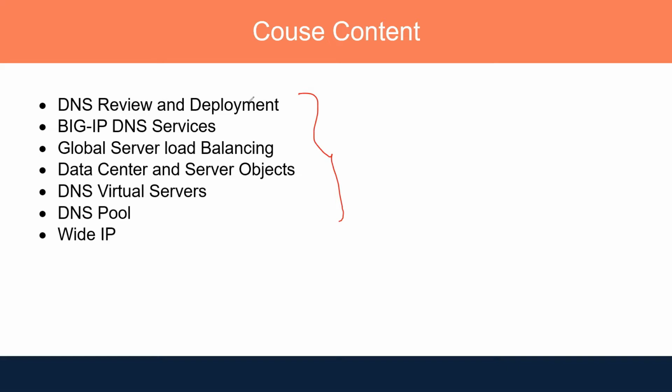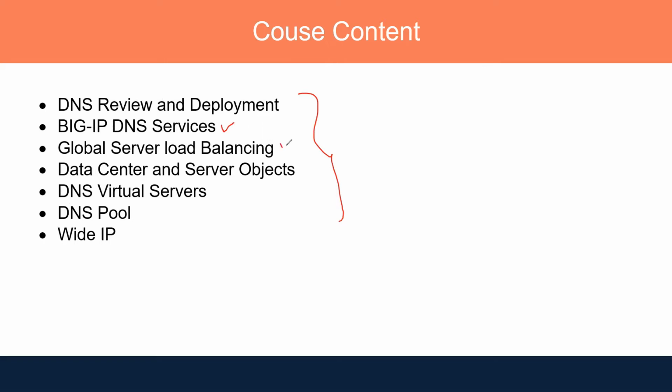We will review how the DNS system is working, okay, in detail. We will talk about what BIG-IP DNS services we have. As I told, GSLB, DNSSEC, DNS Express, DNS 64, zone runner, zone transfer, all those things we are going to discuss there. Okay.